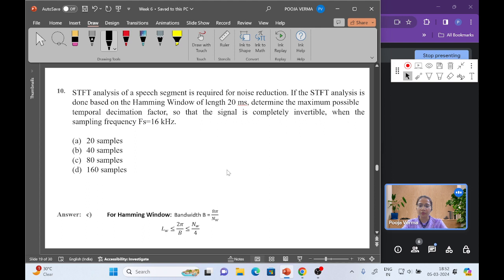STFT analysis of a speech segment is required for noise reduction. If the STFT analysis is done based on a Hamming window of length 20 milliseconds, here we use the window function as a Hamming window, and the length of that window function is 20 milliseconds.